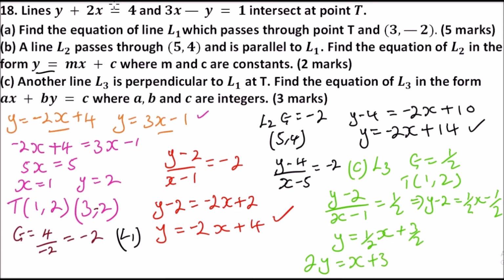Because we are supposed to write our equation in this format, we take x to the left hand side, and our equation will be minus x plus 2y is equal to 3, which is in the form that we have been told here. So that is how we work it out, and you get yourself 10 marks.